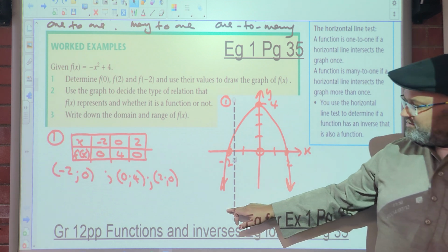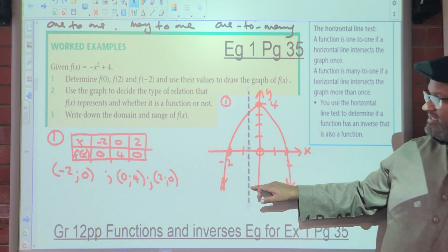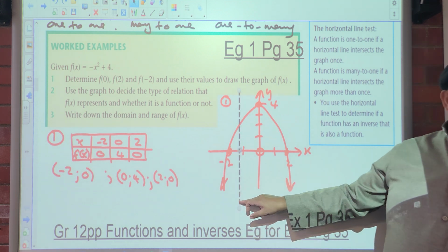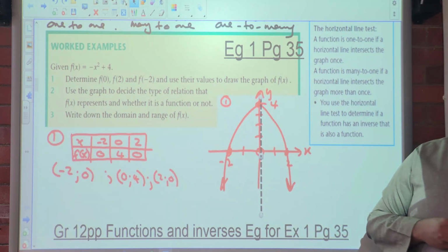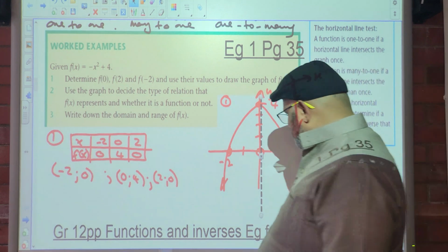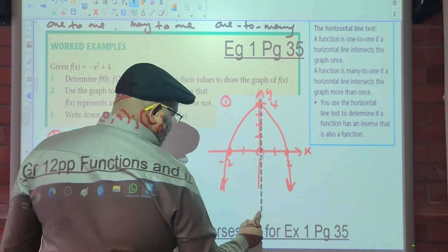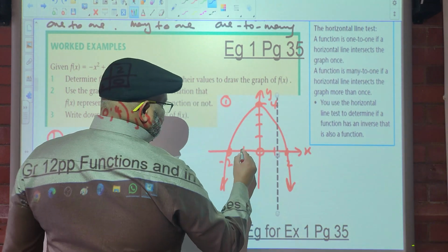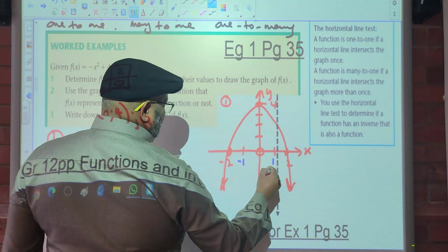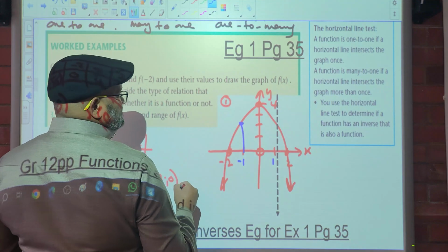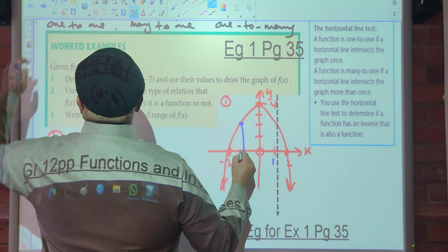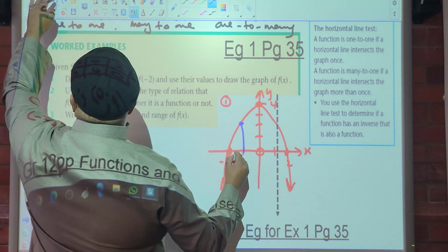So is this a function? Yes. Why? Because it passes the vertical line test. But what type of function is this? If I consider this point here, let's say you got minus 1, gives me an answer of 3. So there's 3 and 1.